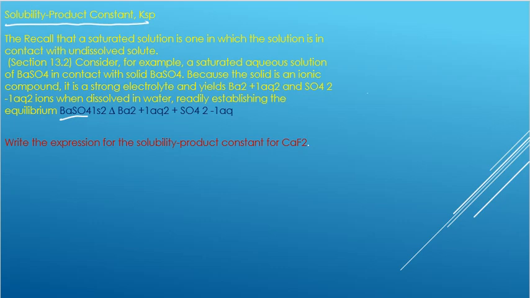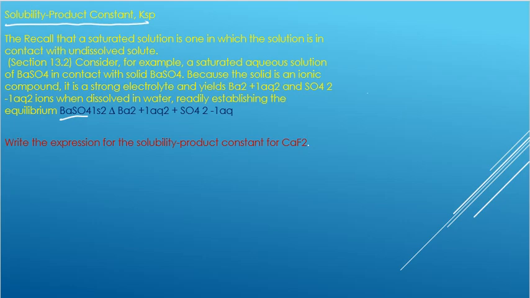For example, if we consider a saturated aqueous solution of barium sulfate, then we get it in contact with solid barium sulfate. Because the solid is an ionic compound, it is a strong electrolyte and yields these two ions, a barium ion and a sulfate ion.